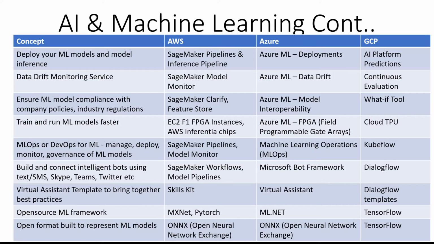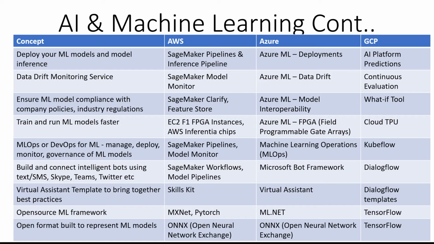Next is ensuring the ML model's compliance with company policies and industry regulations. This is a very new category that was introduced. You got an ML model, but these ML models are now getting industry specific. So how do you manage compliance or ensure that it is regulated?